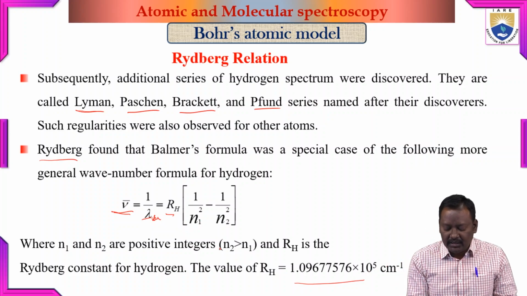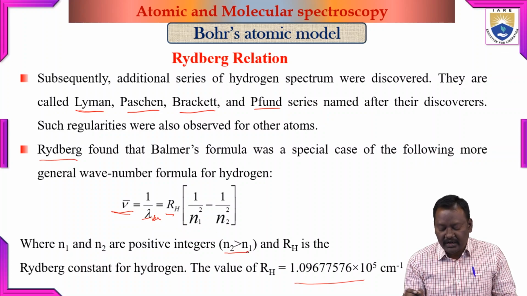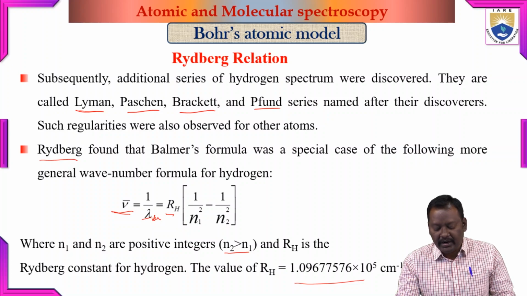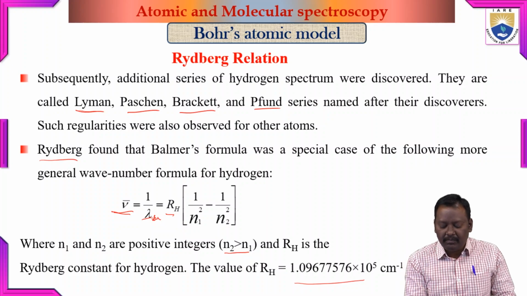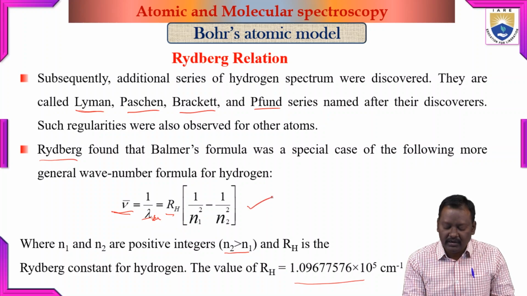Here n2 must be greater than n1. That means n1 is the lower number and n2 is the higher number. So not only the Balmer series, all the series follow this particular formula.